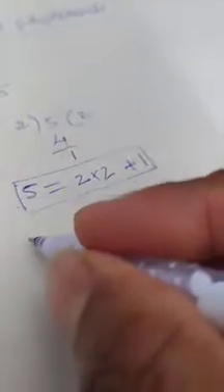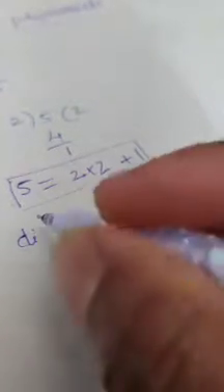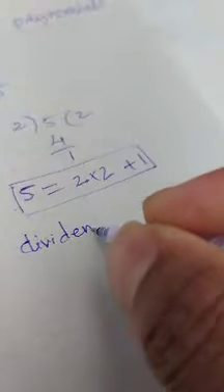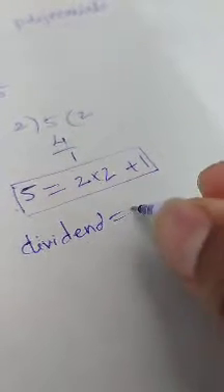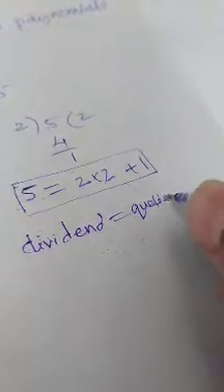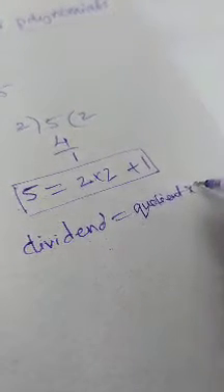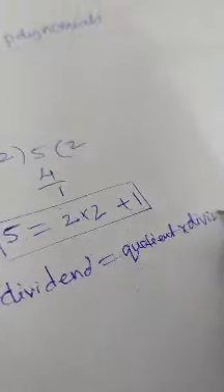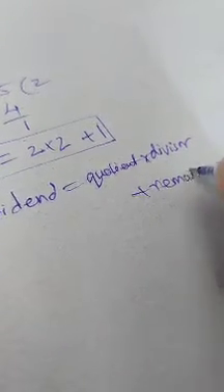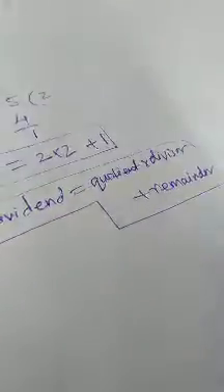So what is the condition to check whether quotient and remainder are correct? Dividend is equal to quotient into divisor plus remainder. This condition is applicable for any two positive integers.